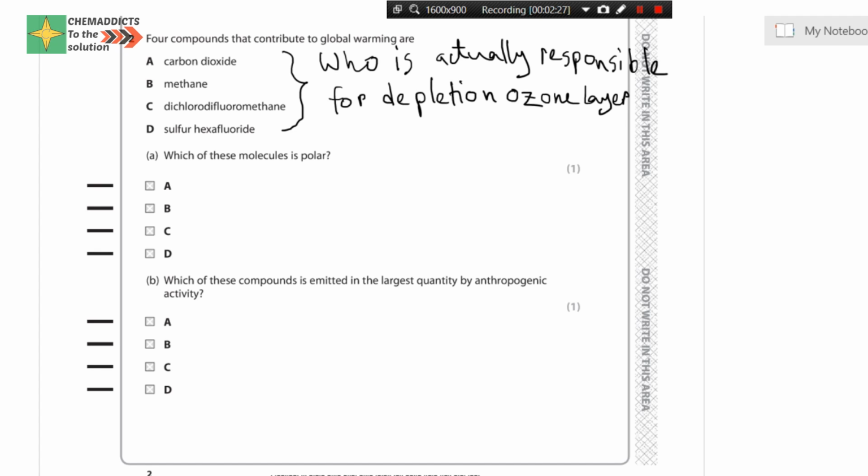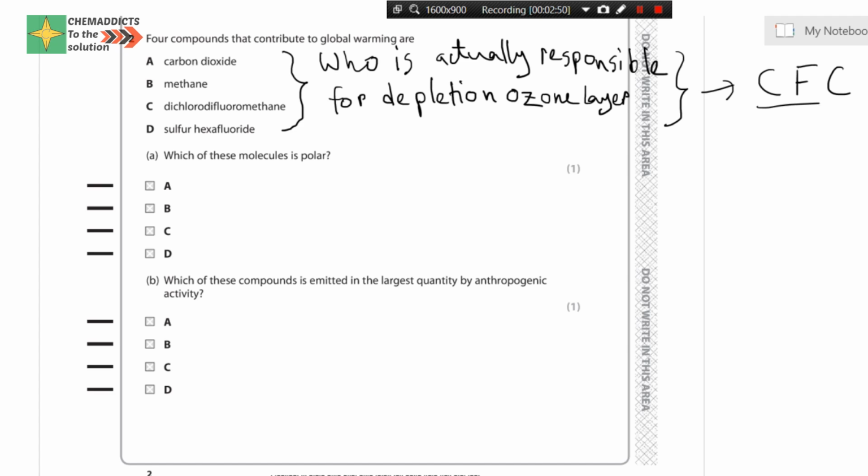The main tribe, the main member responsible for killing the ozone layer is CFC. CFCs are the main criminal, the main suspect.